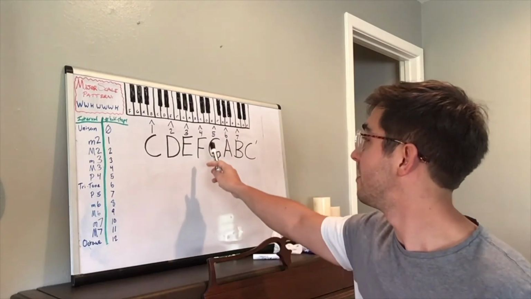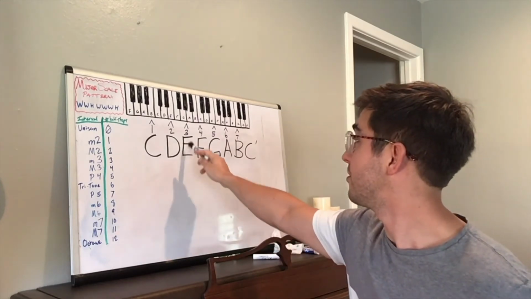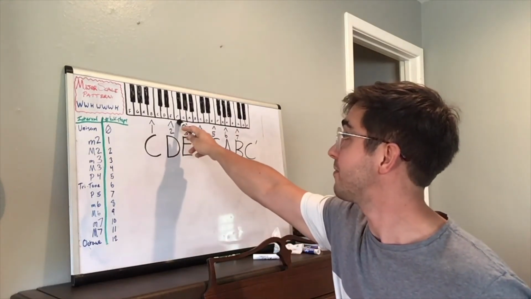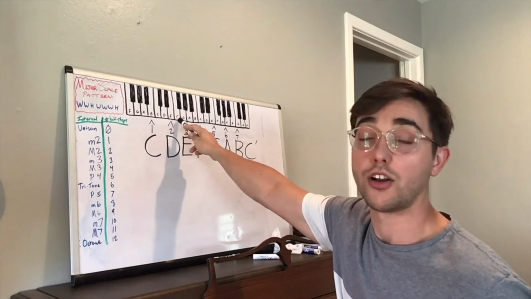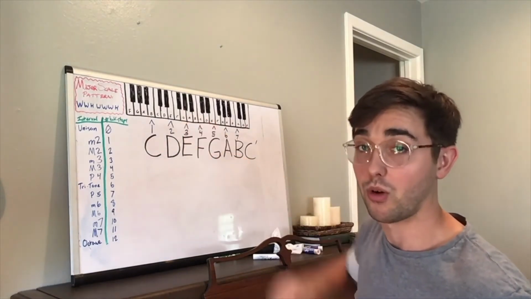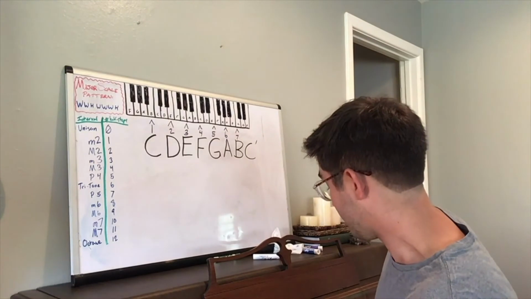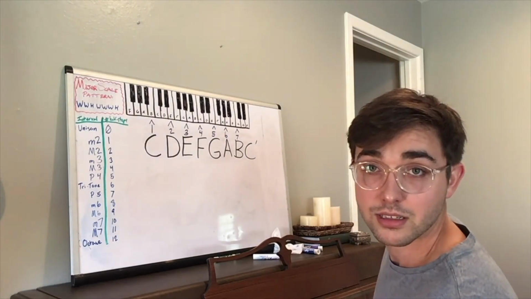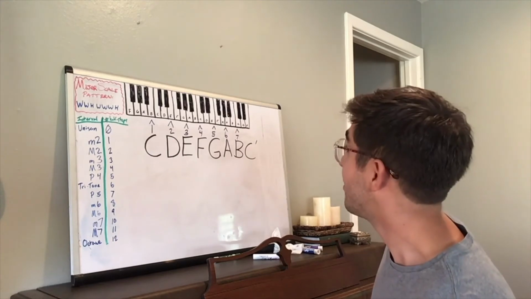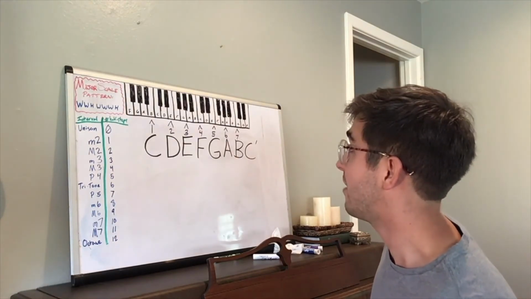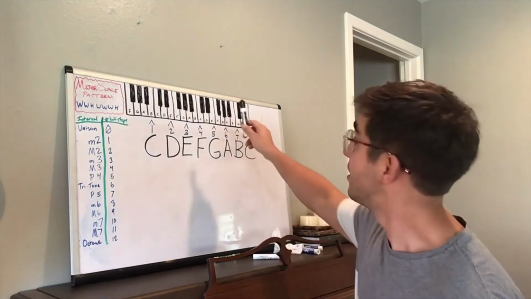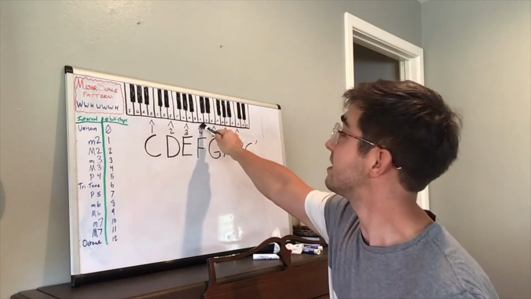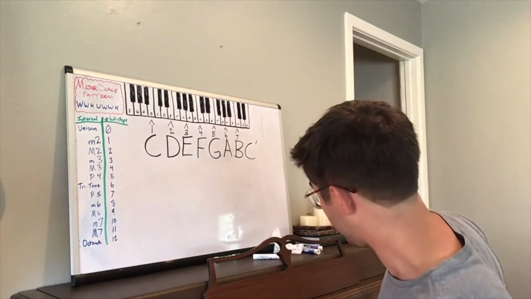So between E and F, unaltered pitches, that's where 1 minor second is, and that sounds like this. Then our next instance of that would be between B and C. That's another minor second. So that sounds like this.